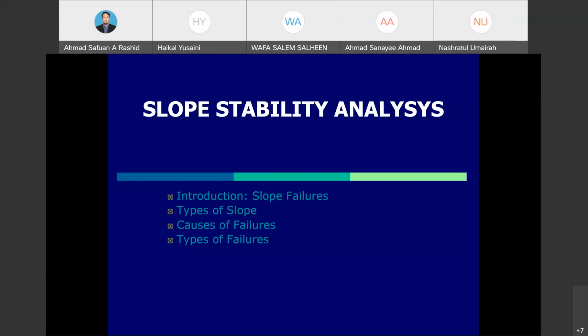And after the semester break, Prof. Nazri will provide the lecture, and he also will give assignments and coursework.